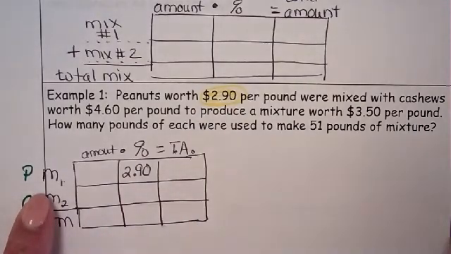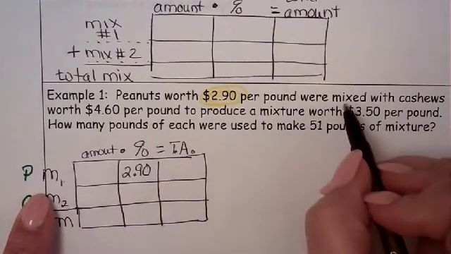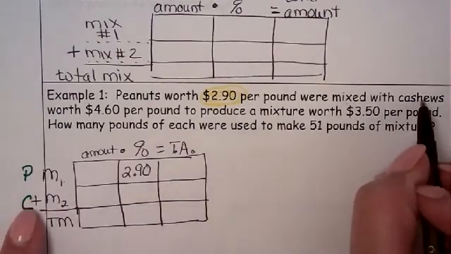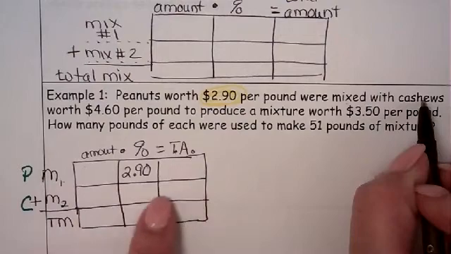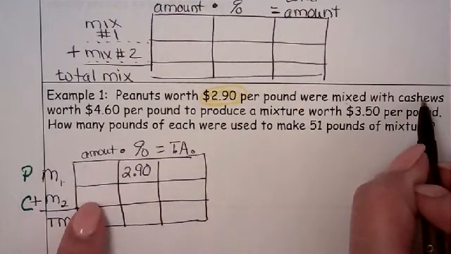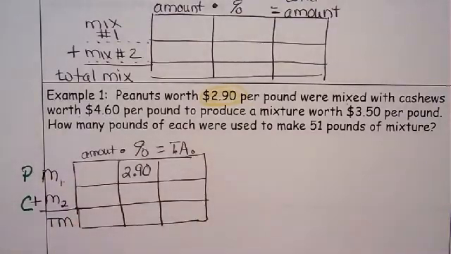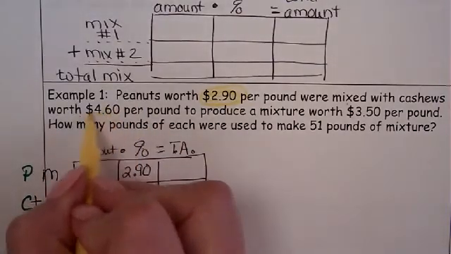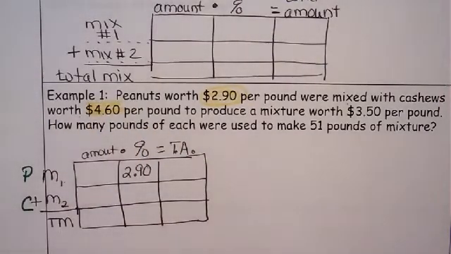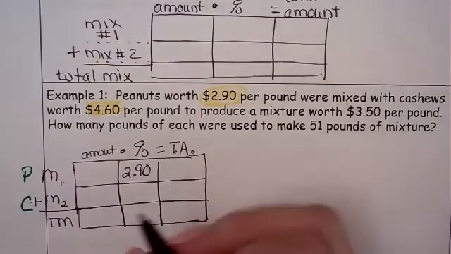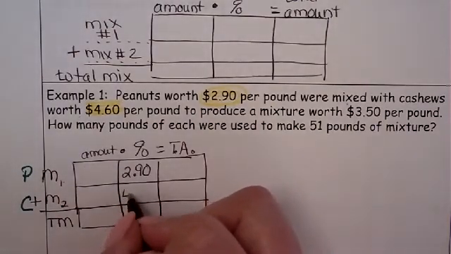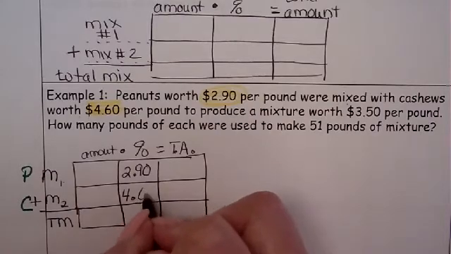Now, it says it's mixed with cashews. Cashews is our second thing we're mixing together, so that's our middle row right here. And it's worth $4.60. We're going to put it right here.